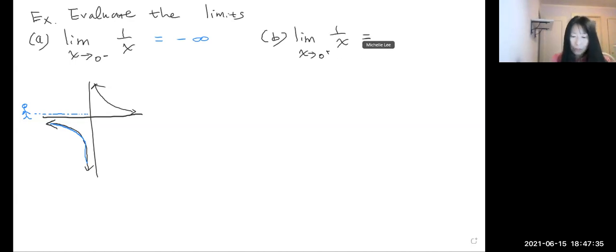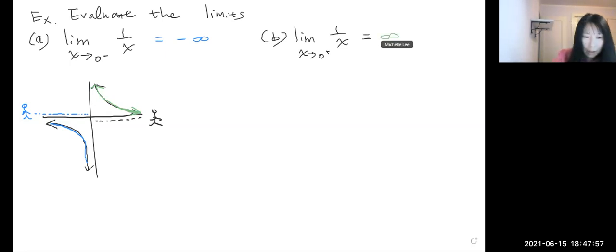Your classmate said already from the right. Then we are reading the graph here, right? I'm following this graph, so it goes to positive infinity, right? Okay.